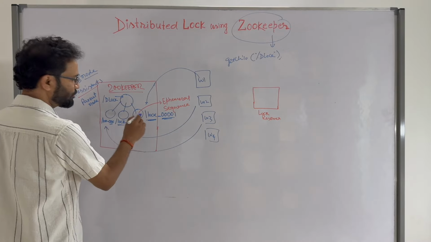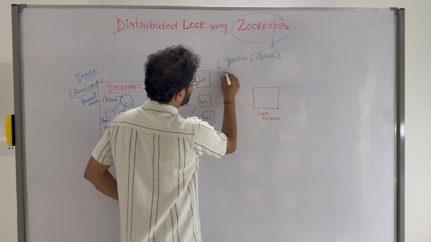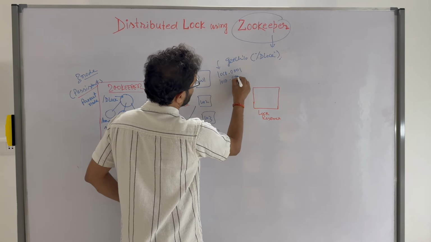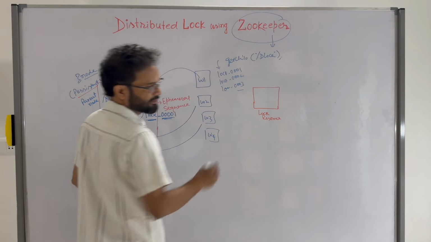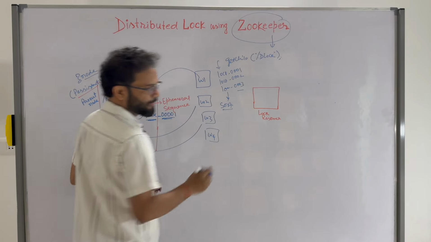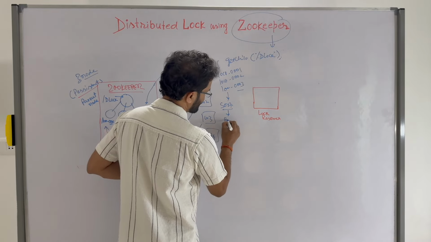You get 1, 2, 3: lock 0001, lock 0002, lock 0003. Right? Sort it and take the first one, after sorting, take the first one.